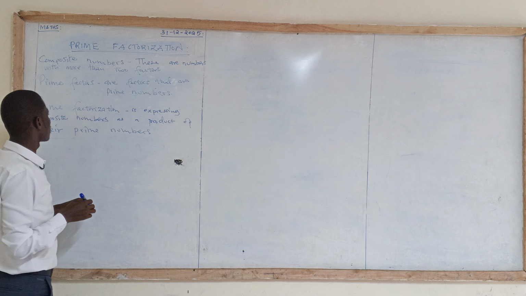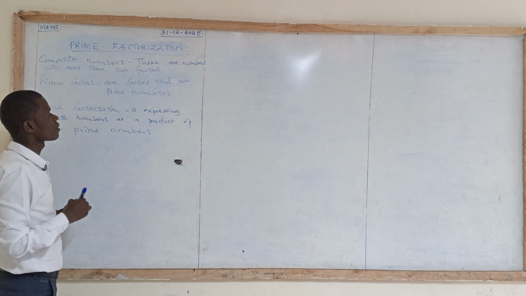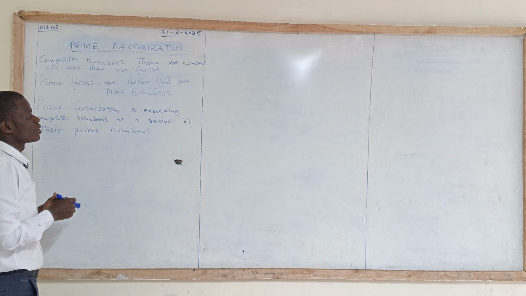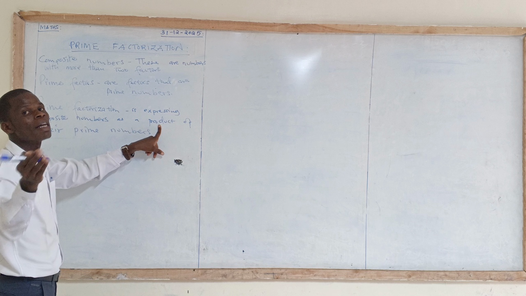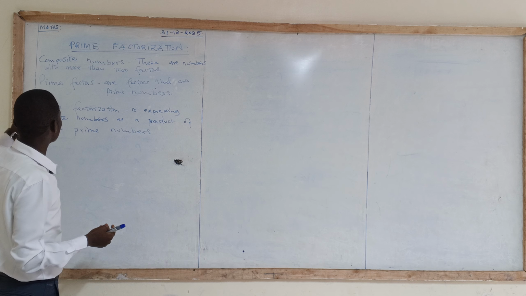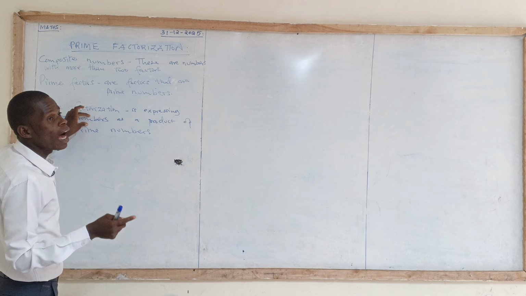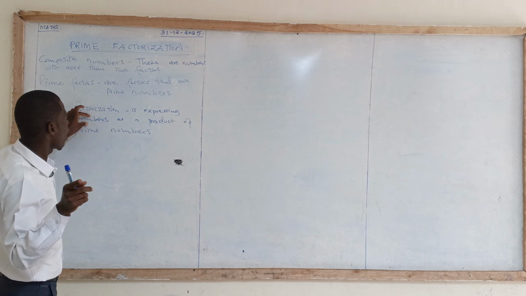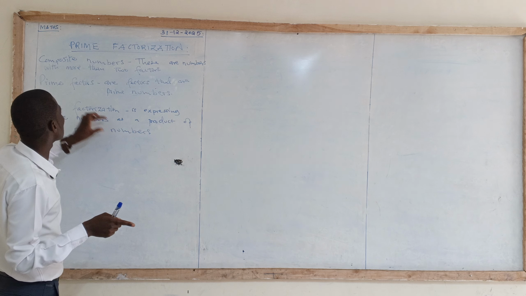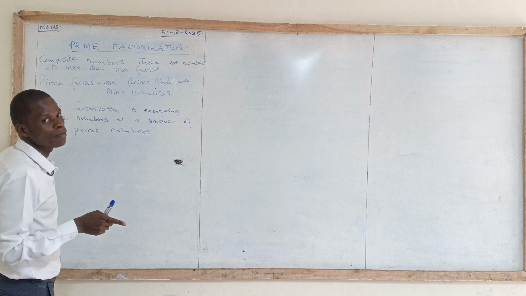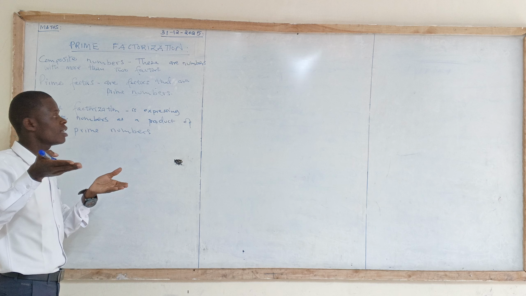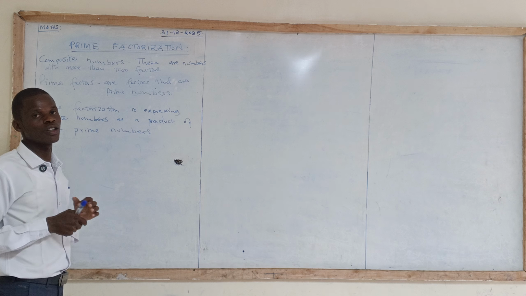As a product means you multiply. Product means multiplication. So we are going to express these composite numbers as a product of their prime numbers. So we must know the prime numbers that are in that composite number. Then we write the prime numbers, connecting them with the multiplication sign to give us the prime factorization.